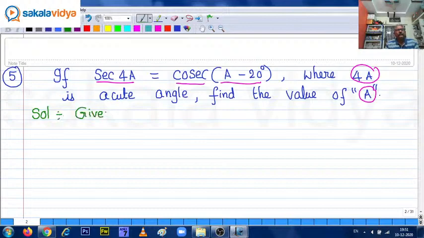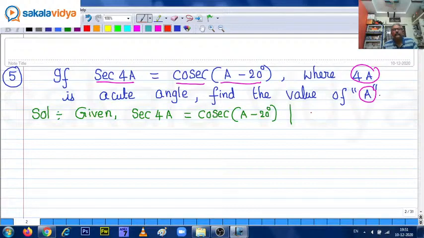Here given secant 4a equals cosecant of a minus 20 degrees. So we have sec a equals cosecant of 90 degrees minus a.